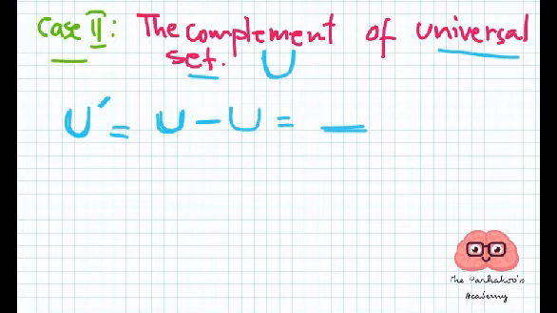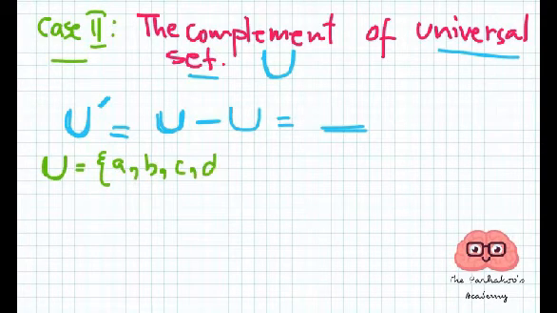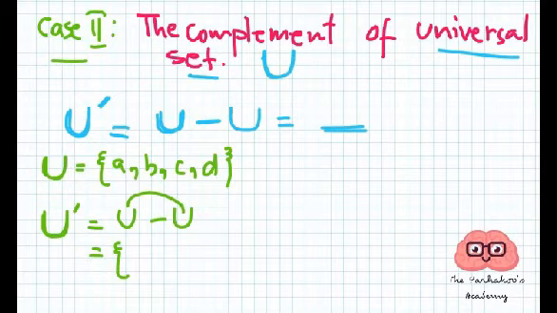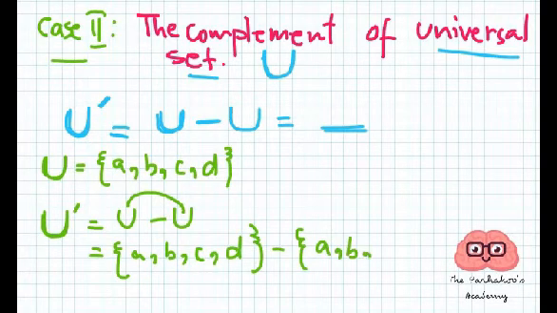Okay, I hope that you got the answer, but now let's see with an example so that those of you who didn't get it may understand. Let's say that we have a U set which is A, B, C, D. It's just to explain to you. Now we have to find the U complement, which is U minus U, and the set U in both cases is the same, of course, A, B, C, D minus A, B, C, D. Now we are going to look for the common elements.